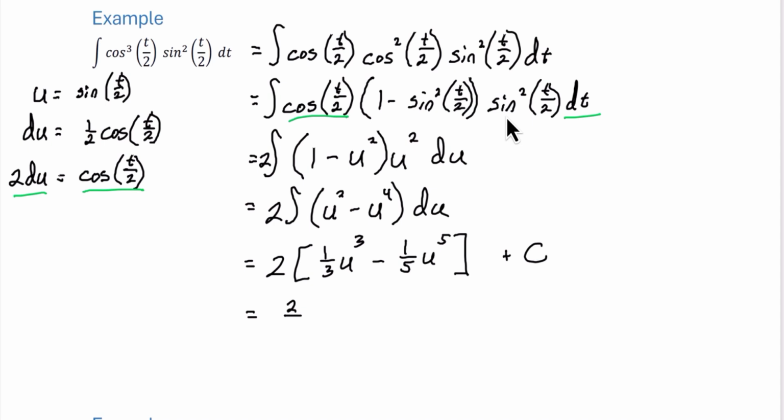So we'll have 2/3, replace u with sine of t over 2, and that is cubed, minus, distribute the 2, we'll get 2/5, replace u with sine, that's sine to the 5th, t divided by 2, and plus c.